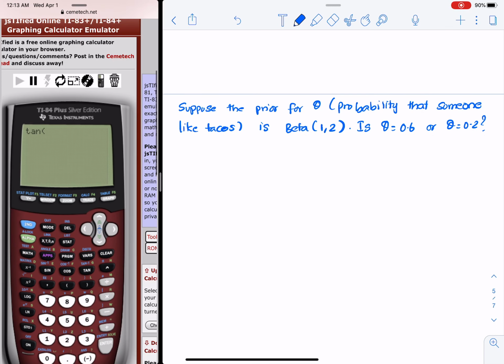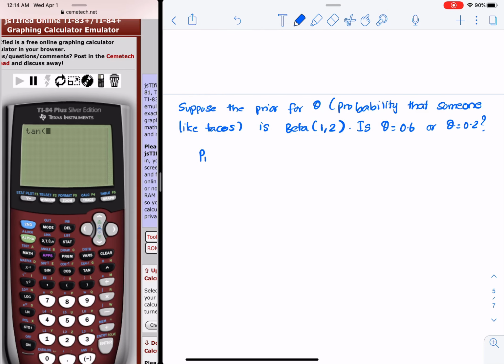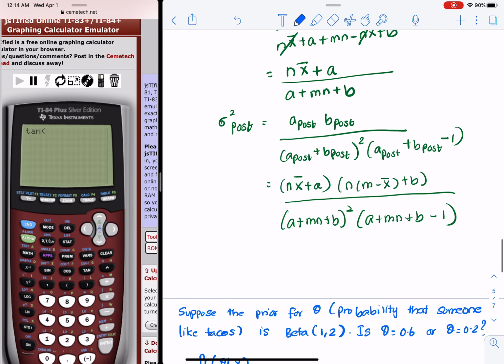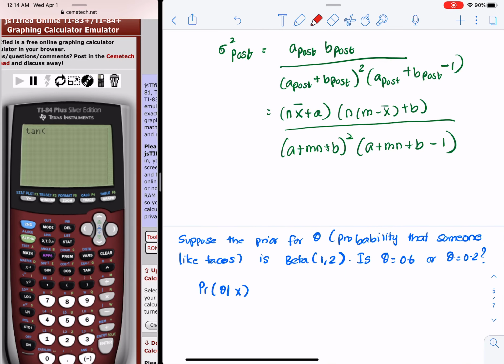So how do we find that? We just derived that the posterior of theta, given the data or the evidence, which is x, that in the example has 10 observations, is simply that expression, which is a beta distribution with n x bar plus a, comma, n times m minus x bar plus b.